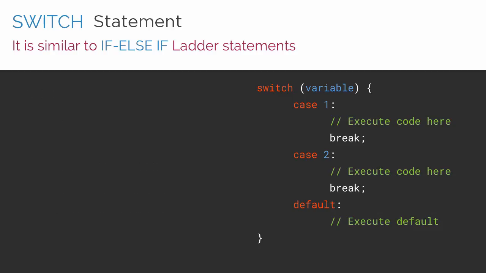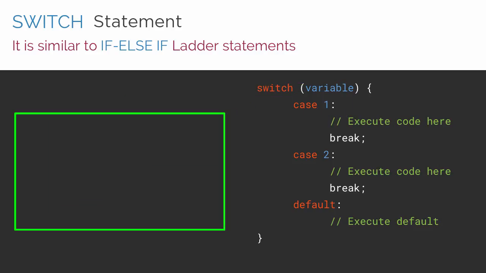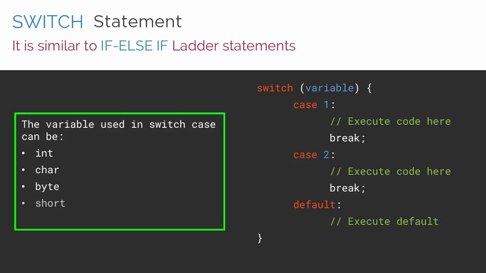And at the end, for your knowledge, if you notice, here we are using 1 and 2. Both are integer values. So why are we using integer values? Because in our example, we only used the character value. So the variable that we are using here can be int, char, byte, short, and even String.